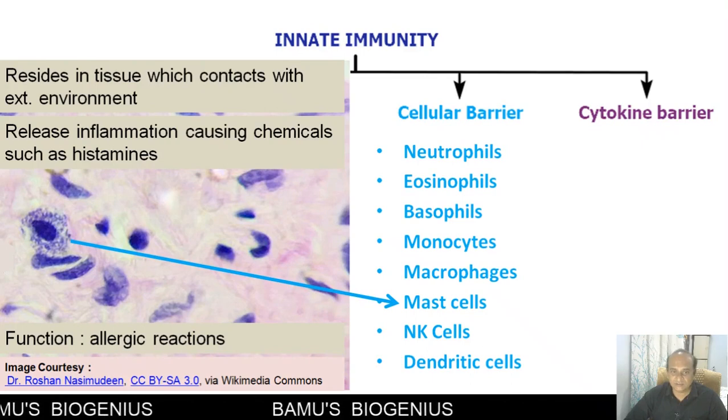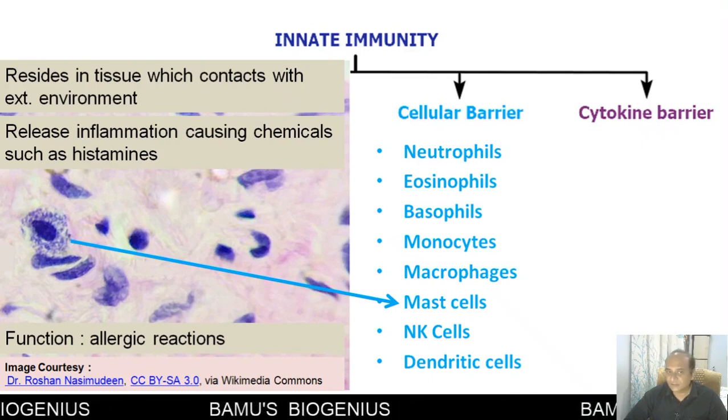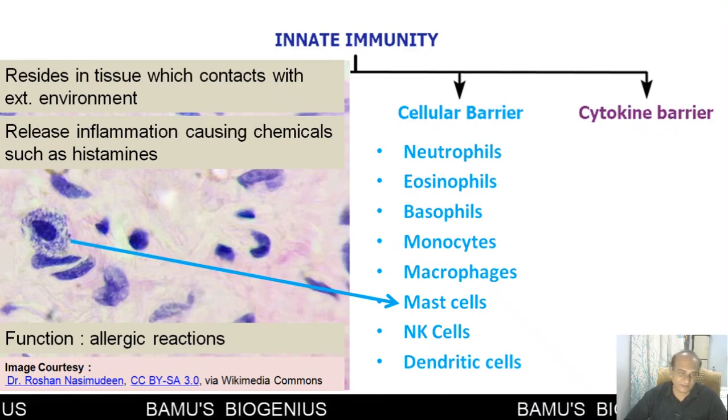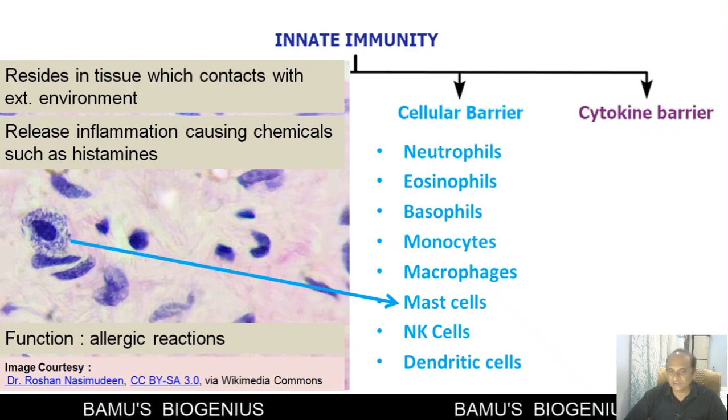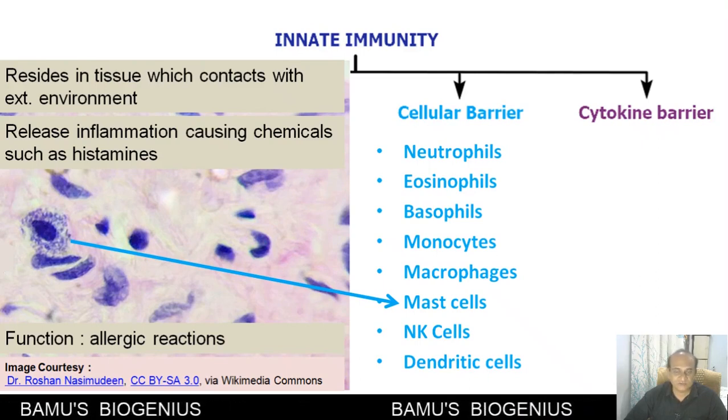These mast cells are responsible for inflammation and the release of chemicals such as histamines and heparins. These histamines have a function in allergic reactions. So this is how mast cells are responsible for tackling pathogens.